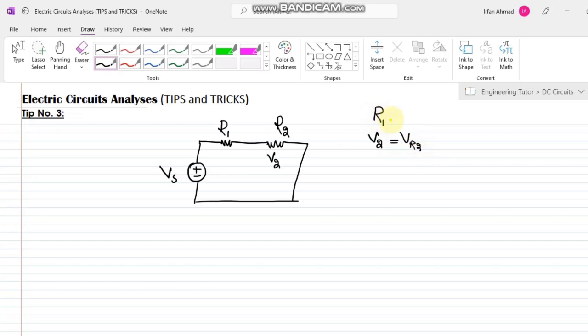such that the values of R1 and R2 are similar. So in order to find the value of VR2, we have to find the current here, and then after finding the current we have to find the voltage here, because V2 is equal to I2 R2, and it will become very messy if we have more than 2 resistors here.